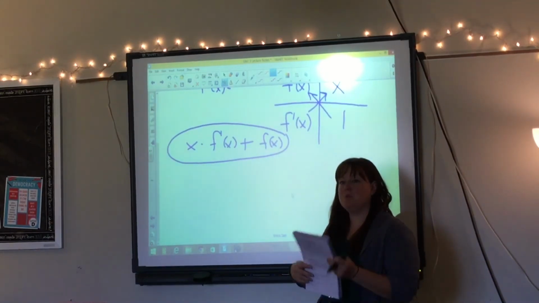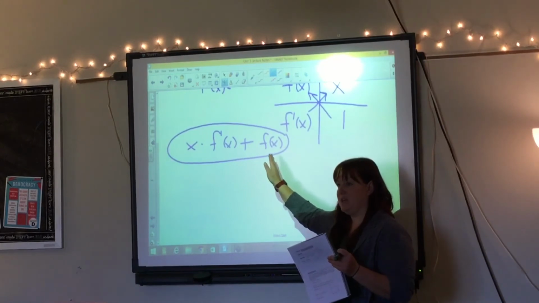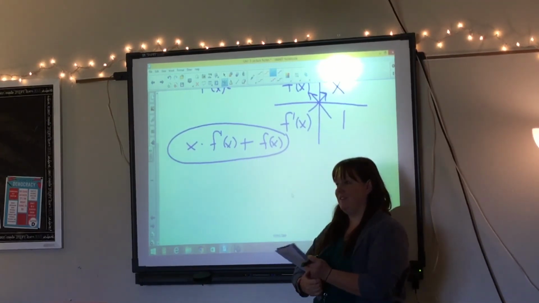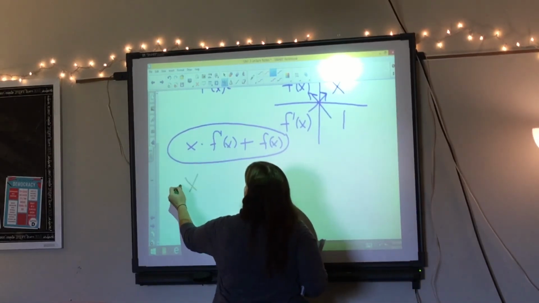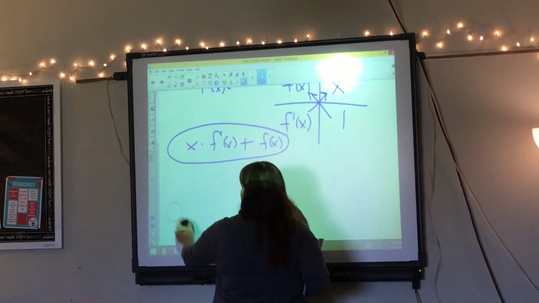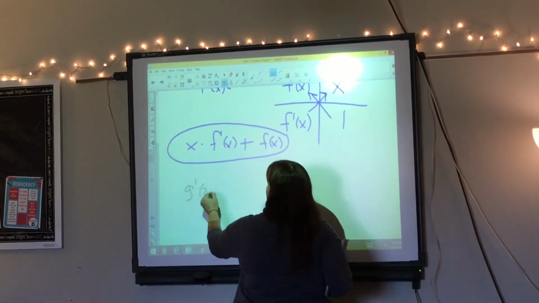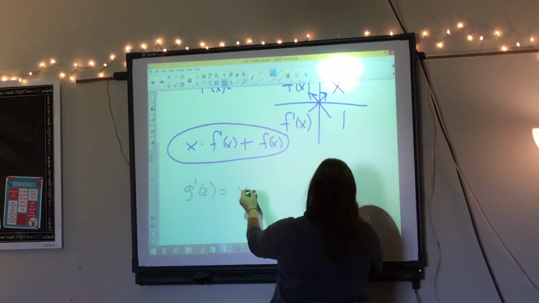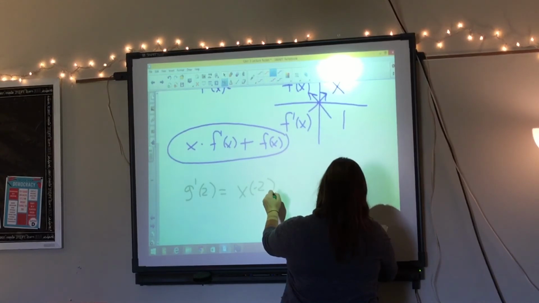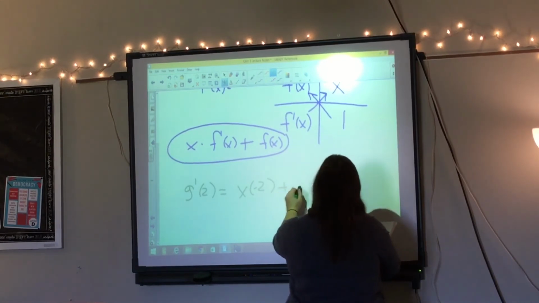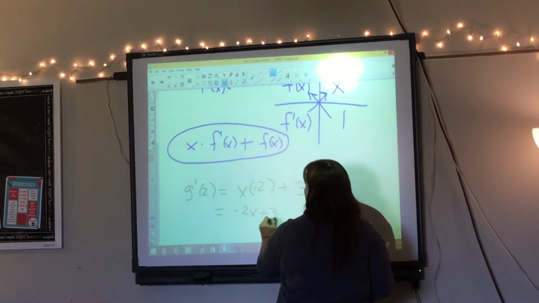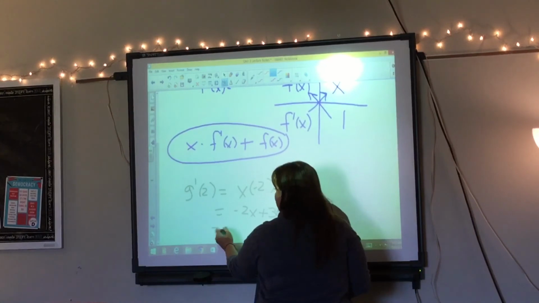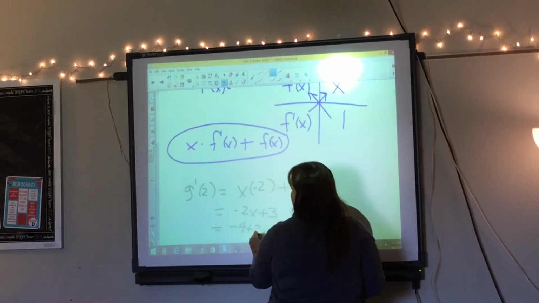So literally, it just told me everything that I need to plug in here. So g prime of 2 would be 2 times negative 2, negative 4, plus 3. So we have negative 2x plus 3, and then we plug 2 in for x, and we get negative 4 plus 3, which is negative 1.